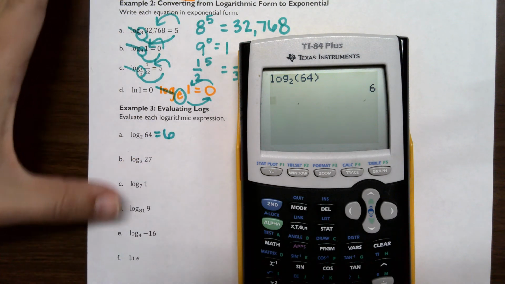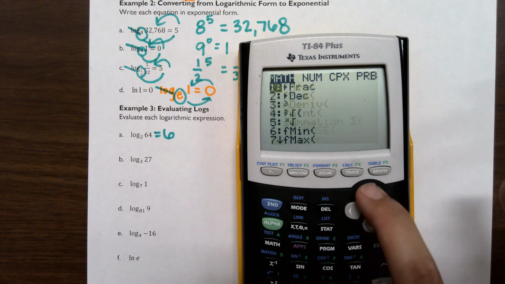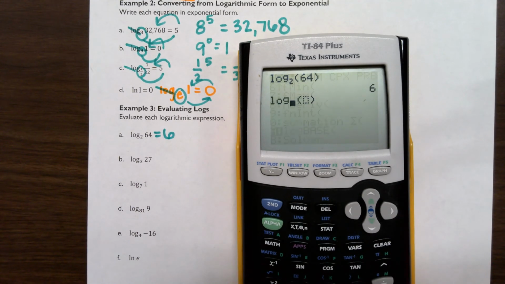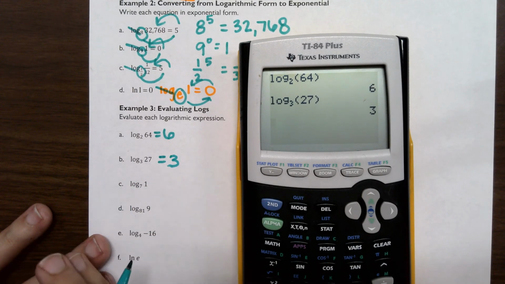So I'm going to go through and type each of these in as well so you can see it. Math, all the way to log base. Base is 3. And 27 is going in the parentheses, so I get 3 back. So log base 3 of 27 equals 3.